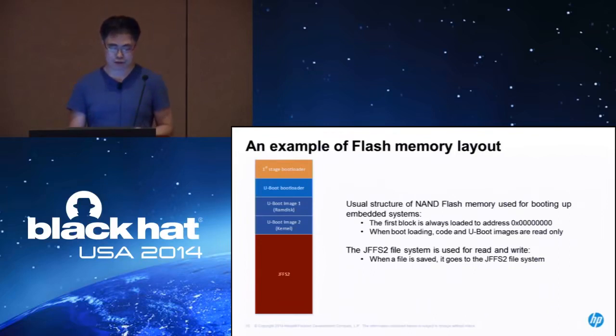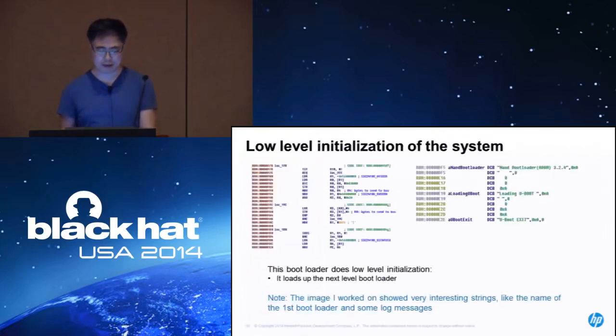And after that, there should be some more advanced bootloaders. Usually people use U-Boot or other open source bootloaders there. And after that, there are the actual file systems, JFFS2 or YAFFS or other file systems. But in this case, they were using JFFS2.